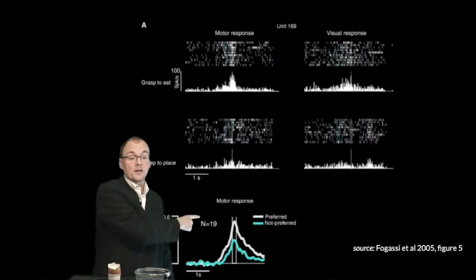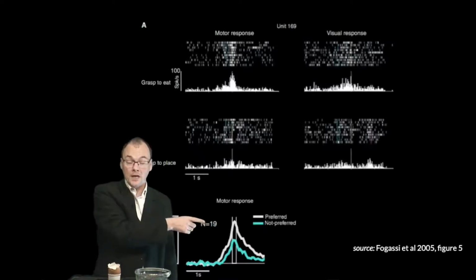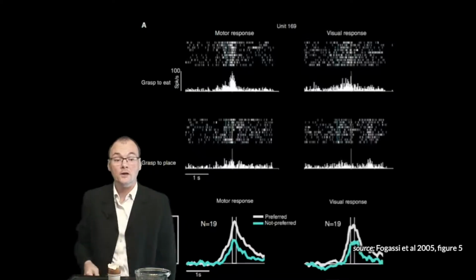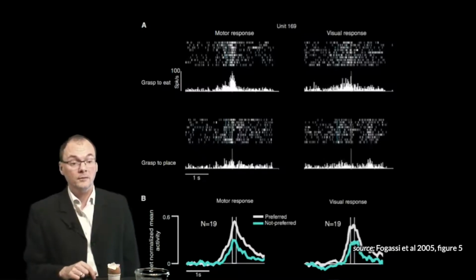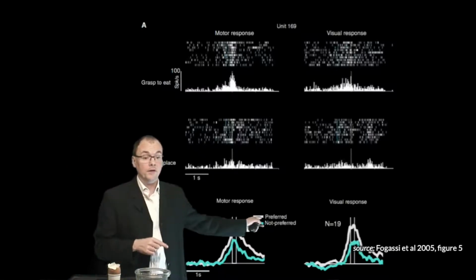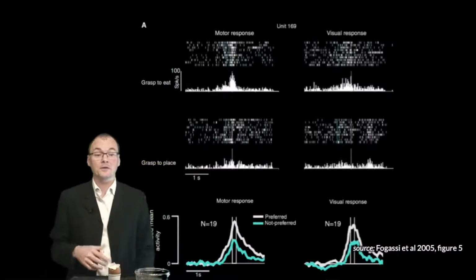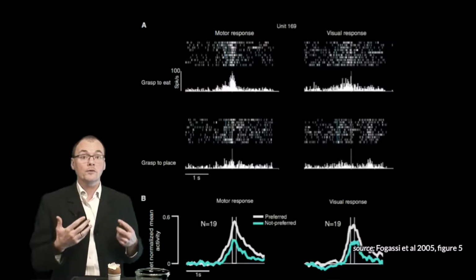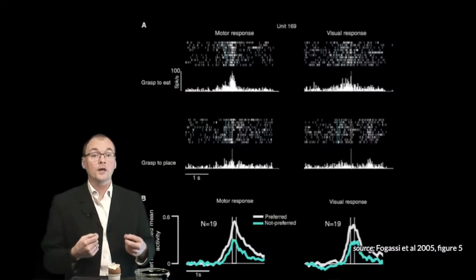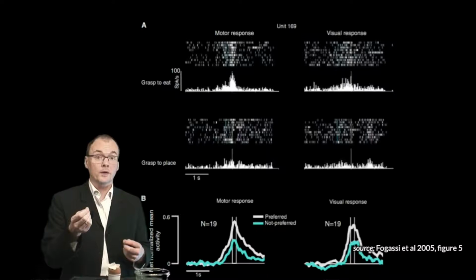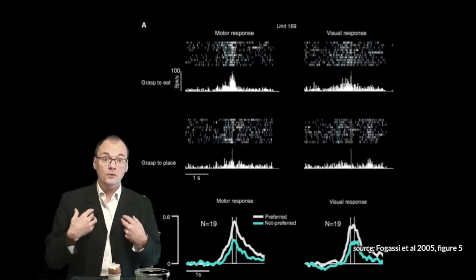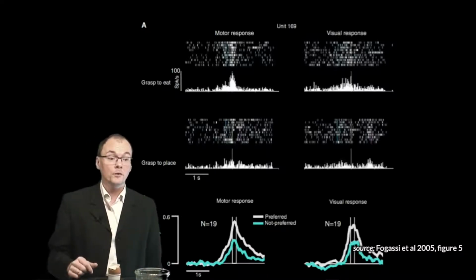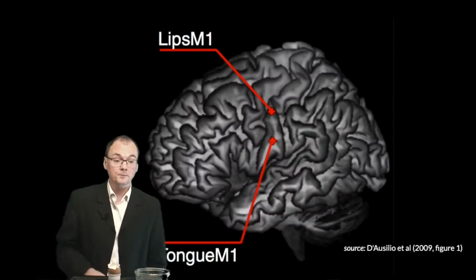So you're seeing here that the firing in the place to eat, summed over a variety of cases, is much higher than the corresponding firing in the place to grasp, and that you get the same peak for the other as for the self. So this is the double life of motor representations. Whether a motor representation occurs in you depends on the kind of action you're performing, but it doesn't depend on whether it's you performing the action or somebody else performing the action as well.